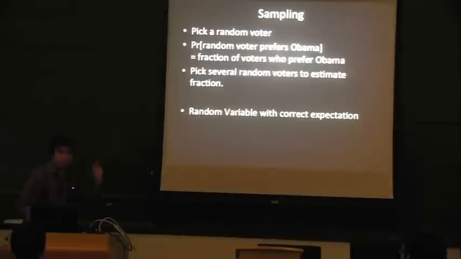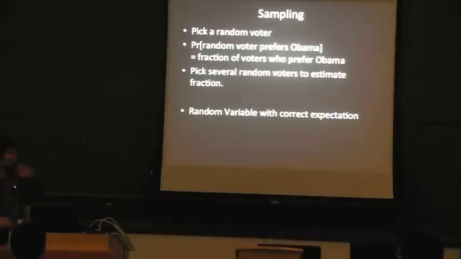Okay, so let's take a step back and think about what this actually did. The idea is that you produce a random variable which has the correct expectation. In this case, the expectation is the fraction of voters who prefer Obama. This is the quantity that we actually want to estimate. So you design a random variable that has the correct expectation.